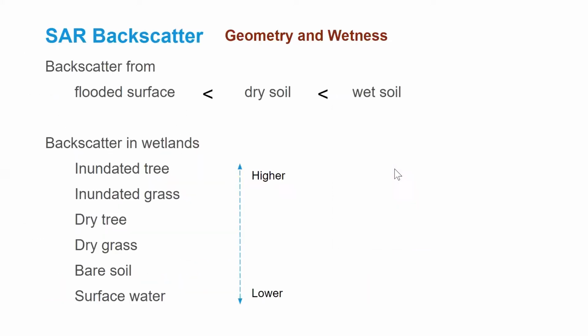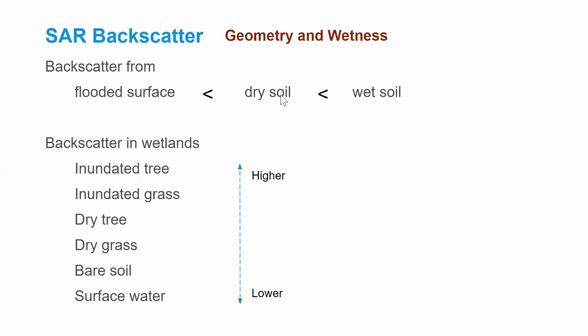So if we put all of those together, very roughly or conceptually, you can have some idea of the intensity of the radar backscatter over different types of surfaces. Mostly this is affected by geometry and wetness of the surface. As we just said, if you have a flooded surface, because it's flat, signal gets reflected away, it's really dark, you have very low backscatter.